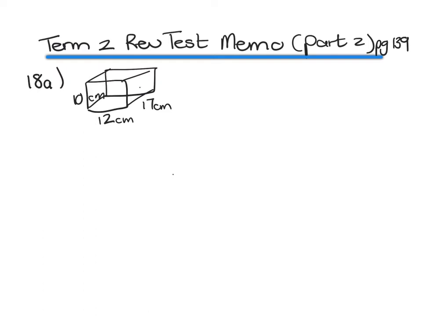They're saying minimum because there are extra pieces needed for flaps. When you actually make a real box, you can't just have the surface area, you need to include more. But obviously you're only poor little grade 7s, we're not going to make you do such complicated things. So all that we're really looking for here is the surface area.